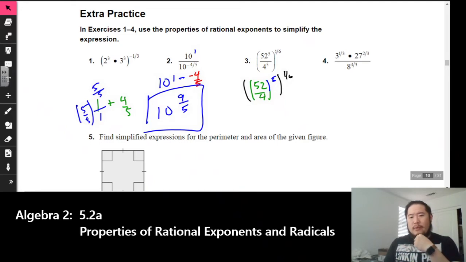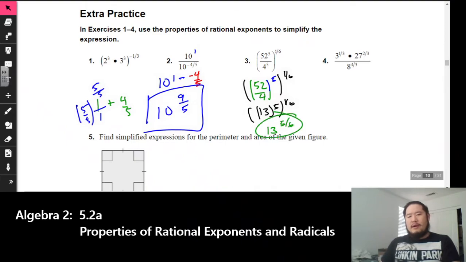Well, there's a reason why I want to do this first, because 52 over 4, I can go ahead and simplify that. That ends up being 13. So now I have 13 to the 5th power raised to the 1/6. And so remember, when I raise a power to a power, we go ahead and multiply this. 5 times 1/6 is going to be 5 over 6. And there you go. We now simplified this.